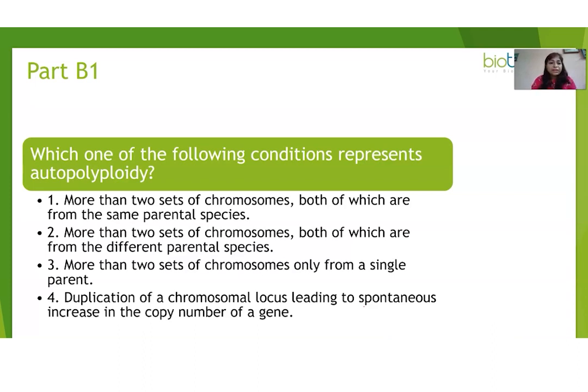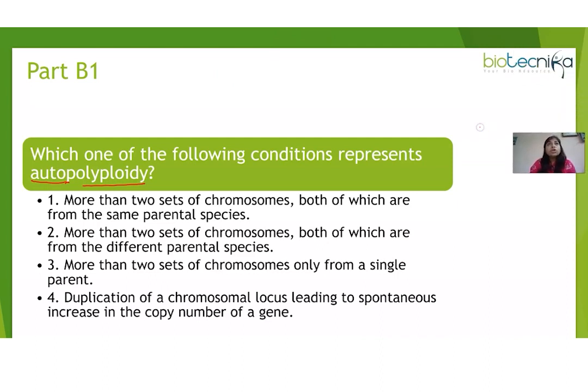Starting with the first question, which was from Part B: which one of the following conditions represents autopolyploidy? Now, whenever we talk about autopolyploid, we are talking about the euploidy situation. Polyploids means euploids.